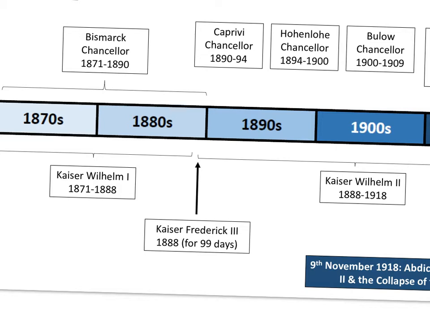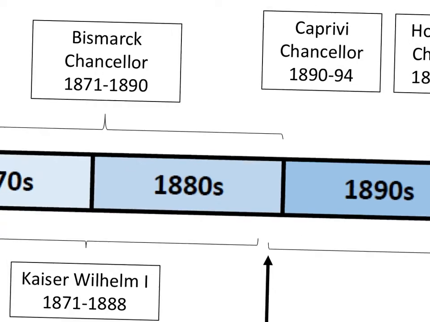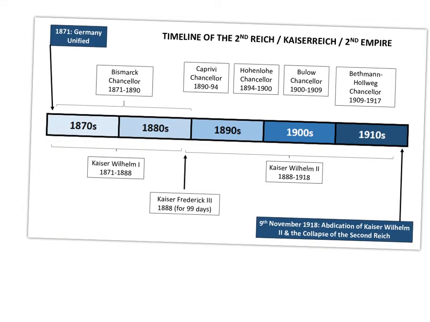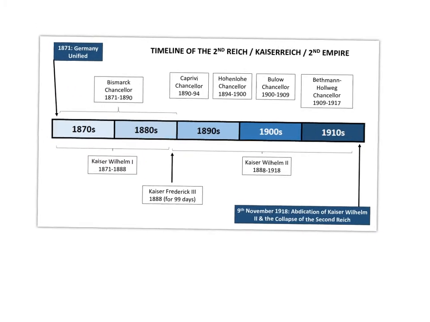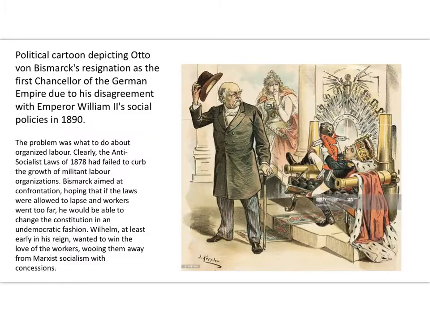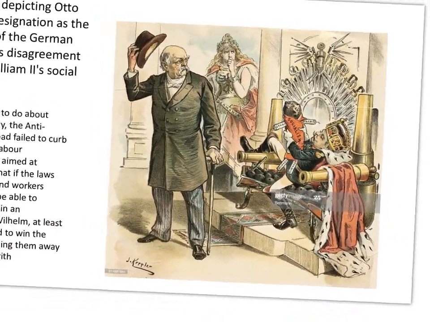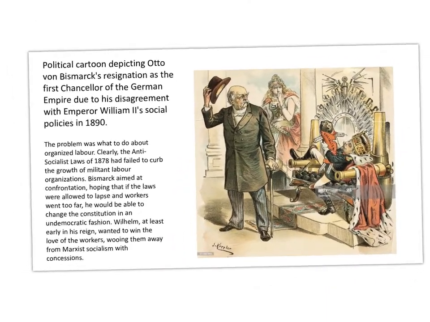So it didn't take very long before Bismarck and Kaiser Wilhelm II fell out. And as you can see, therefore, Bismarck effectively resigned in 1890, okay, because of that falling out with this new young Kaiser. Okay, so just wanted to give that as the background, and there is a cartoon produced at the time, and it sort of shows Bismarck resigning.